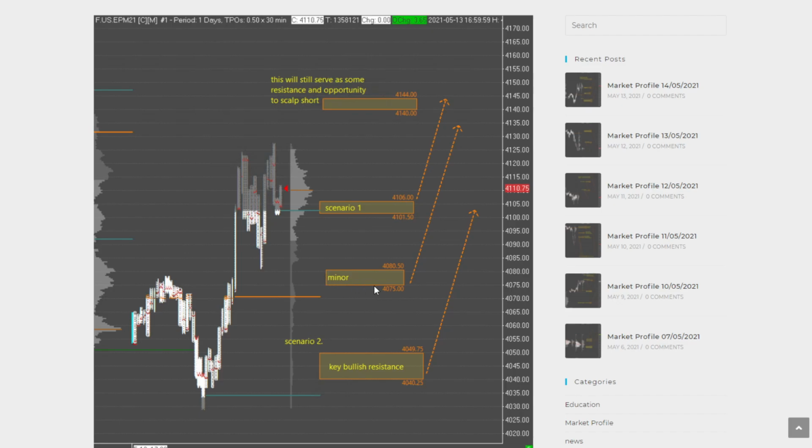You will always see, usually you will see the minor price zones, which are basically pretty important levels. So in case of price breaking through the scenario one area, I would look to go long in this minor area.